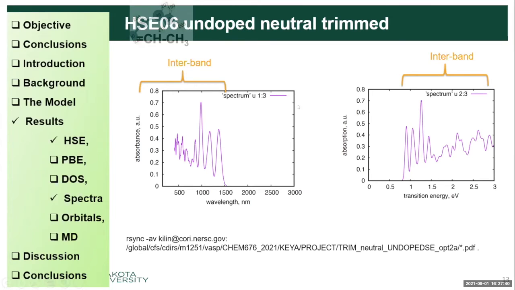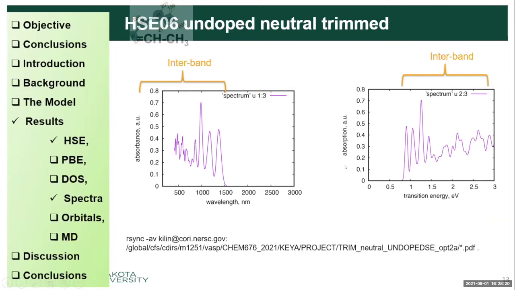So there is transition only from the occupied to unoccupied, and that's why it's called interband. Interband transition is when the transition occurs between different bands. So here transition occurred from the occupied to unoccupied.